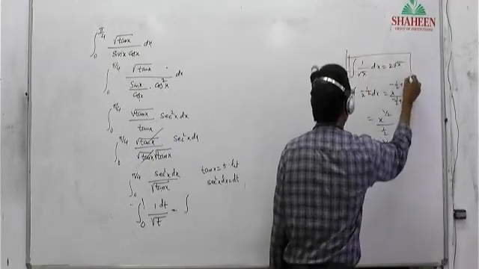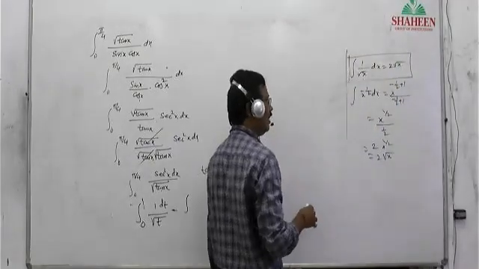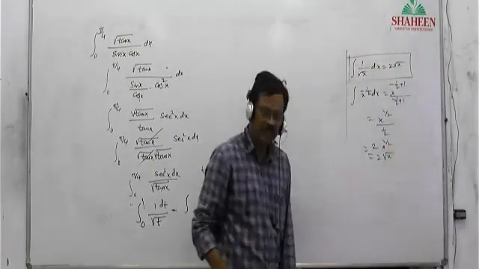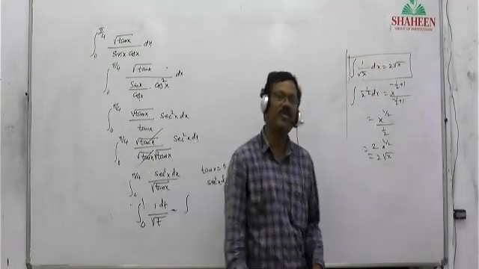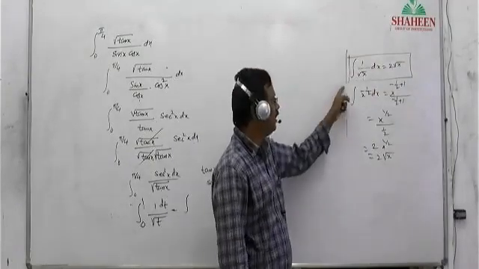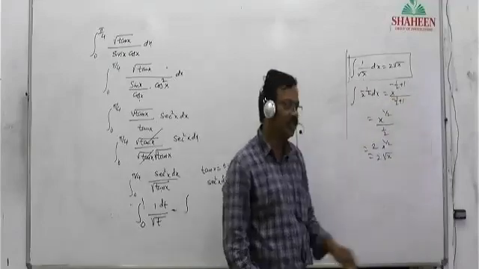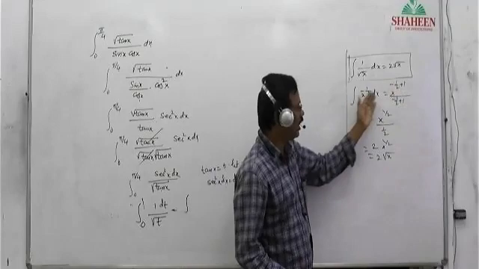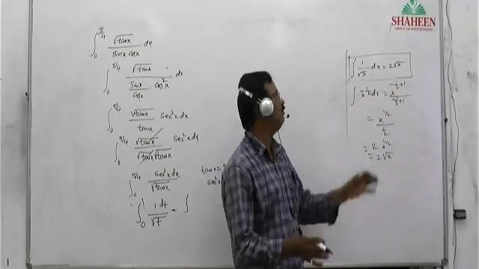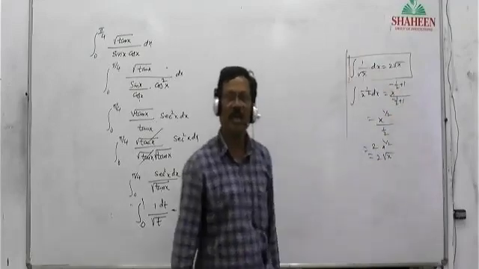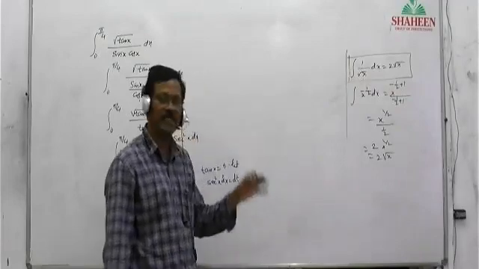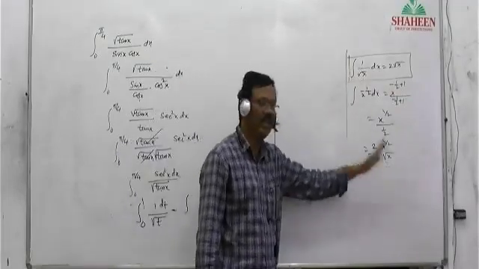We can remember it in general, or otherwise we can solve like this. In every problem, if we want to solve, then we have to waste 2-3 minutes. That's why, instead of solving, you remember 2 root x. The integral of 1 by root x is 2 root x. If you forget, solve it like this.